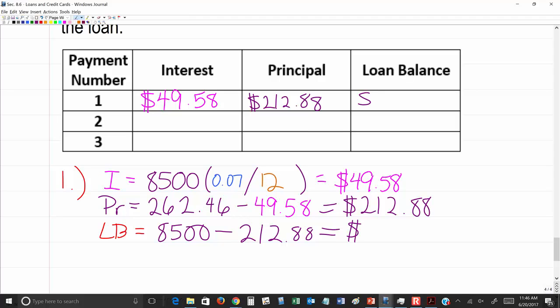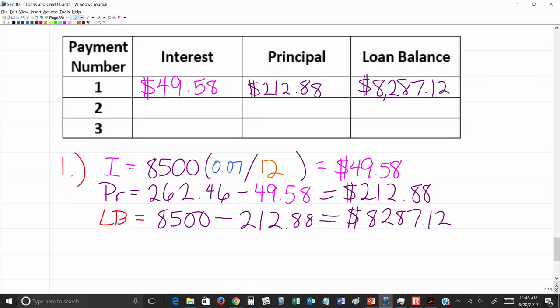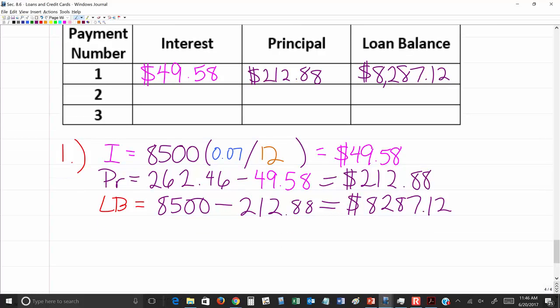Which is $8,287.12. And so that's for payment number 1.